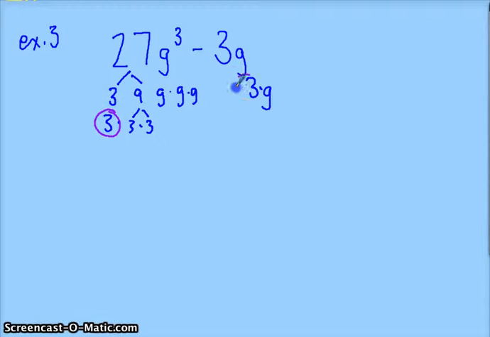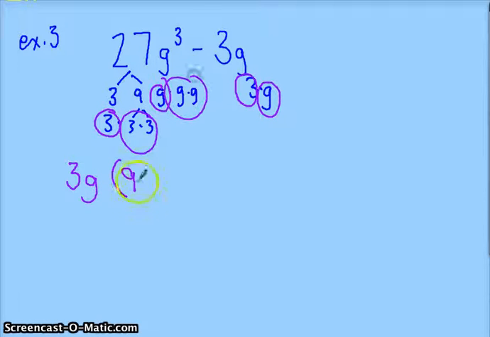And so remember what we were doing. This is common. This is common. We have a g that's common. We take out our 3g, and what are we left with? 9g squared minus, right? Nothing's left over. Oh, remember, don't forget, that's a 1. Now let's see what we can do. 9 is a perfect square. 1 is a perfect square.